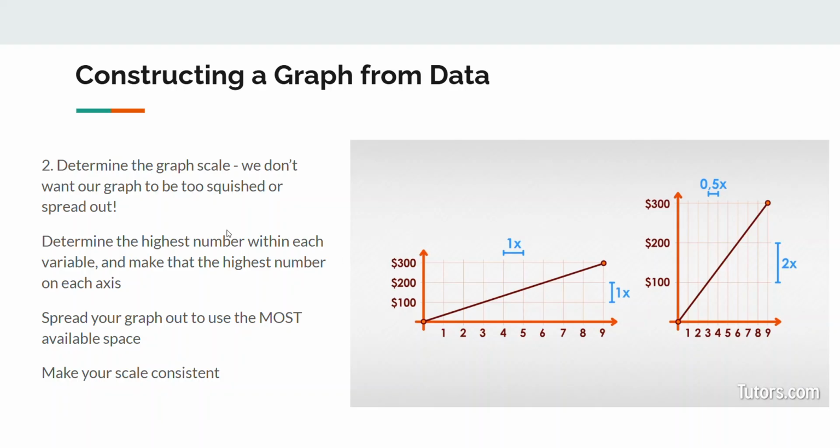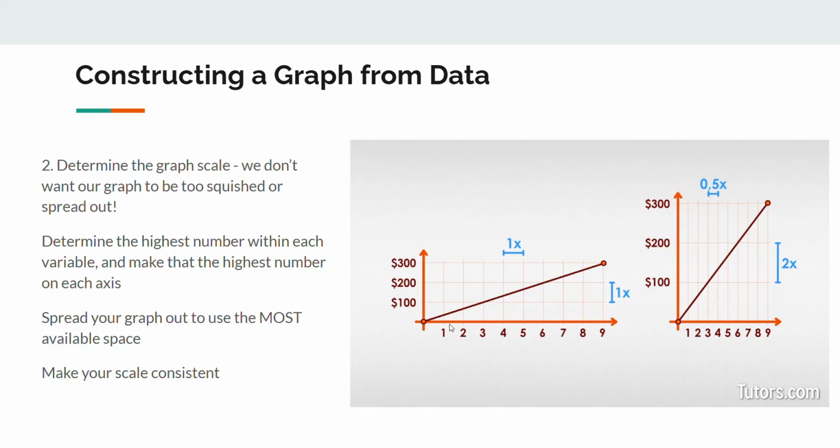All right, so again, the other thing is don't let it be squished. If I give you a lot of room to make your graph, take up the whole thing or most of it, okay? The other big thing is making your scale consistent. So we see here on the y-axis, it goes by hundreds, 100, 200, 300. I don't want to go 100, 150, 375, 410.